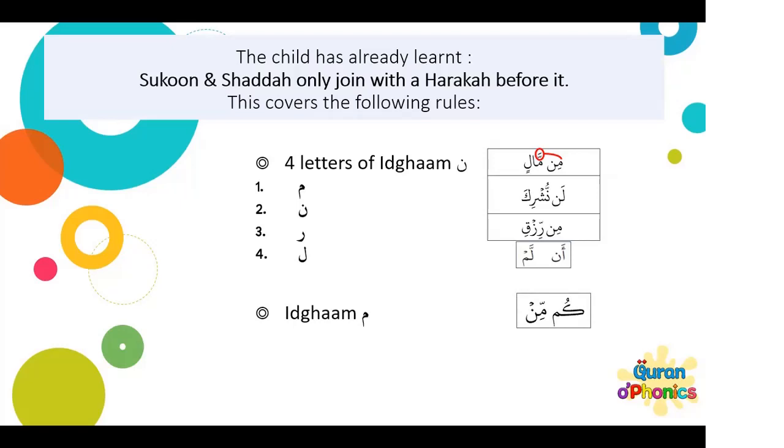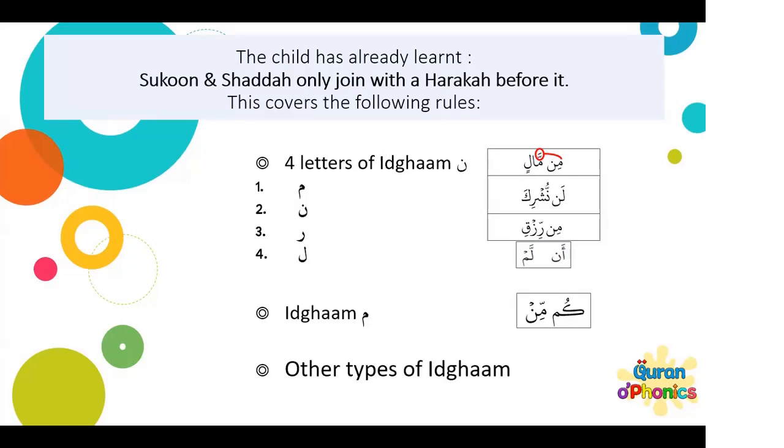When we have idgham of meme sakin, there's a meme and then the meme with shadda after it. So again, meme shadda in the word min needs a letter before it which has a haraka, which is kaf. So it's kum. And meme shadda, remember meme shadda always, tickle and stretch, tickle and hum. So it would be kum min. And other rules which you can escape from teaching are all the other types of idgham.